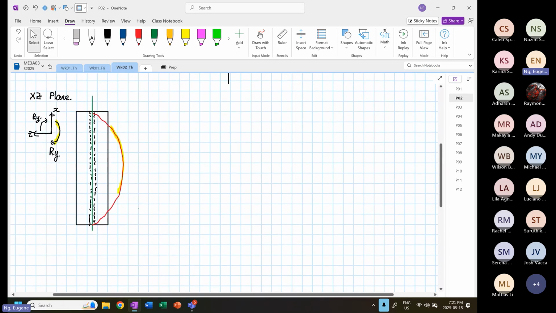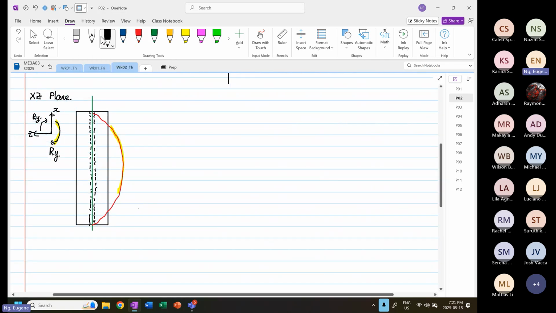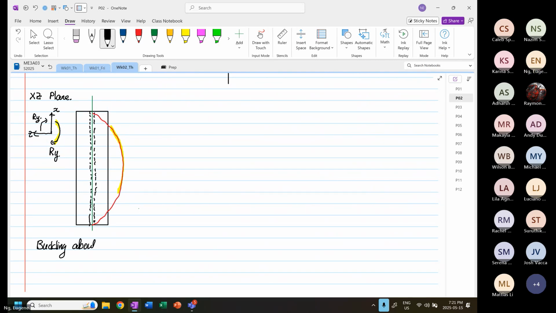So we can also address this as buckling about the YY axis, right? Why is it YY? Because it follows the curvature, right? About rotation about Y, okay?